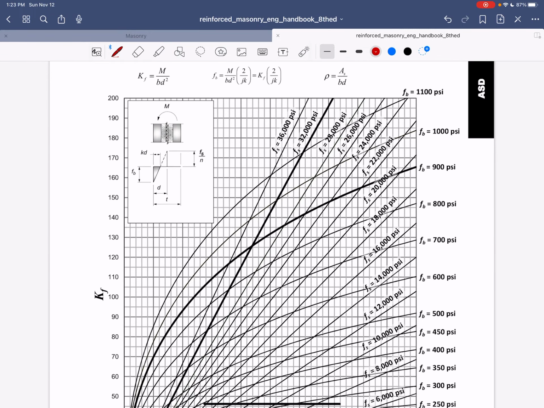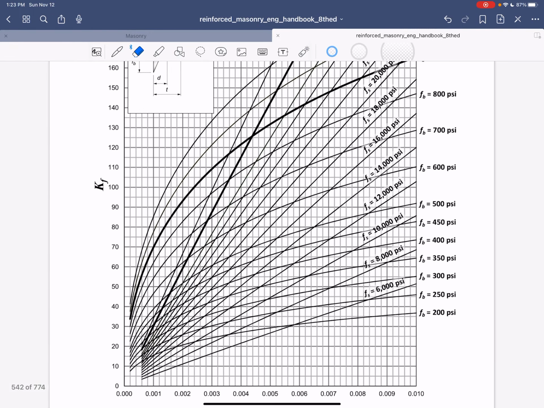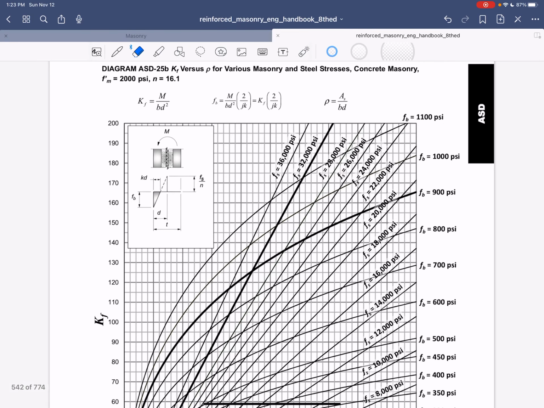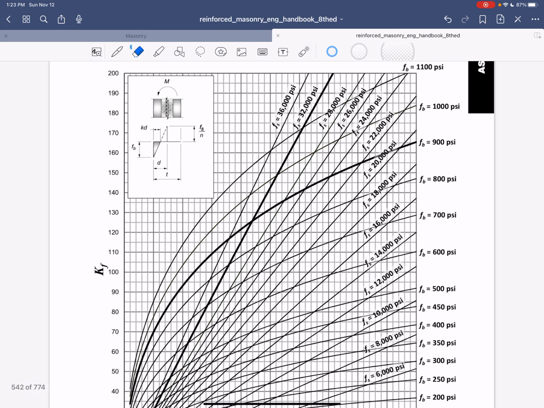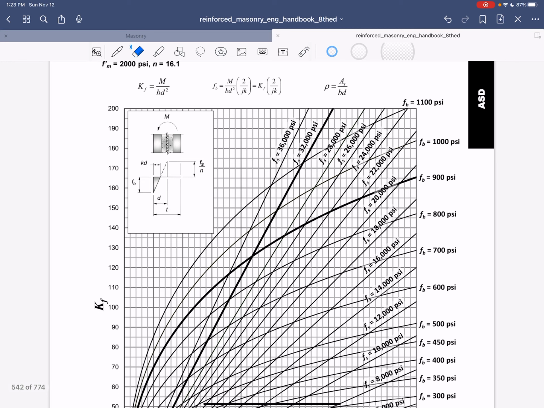So I go in to my table. Let's just pick a KF value. And let me show you here real quick. You see we've got steel, and those are linear because they're linear elastic. And then I've got my bending stress from the masonry, and they follow the shape of kind of a concrete stress strain diagram as well.